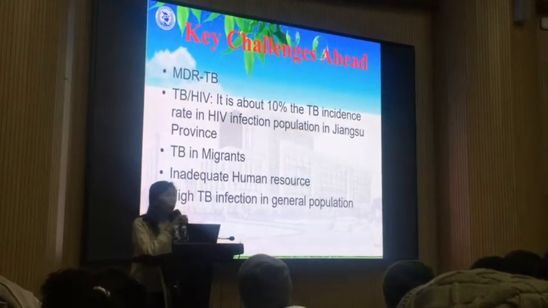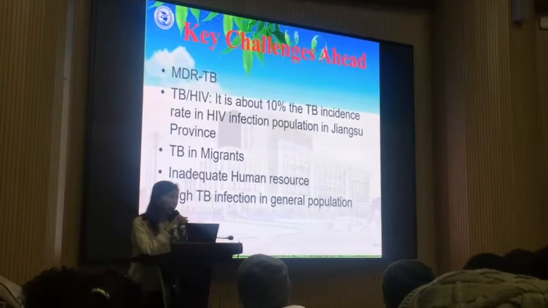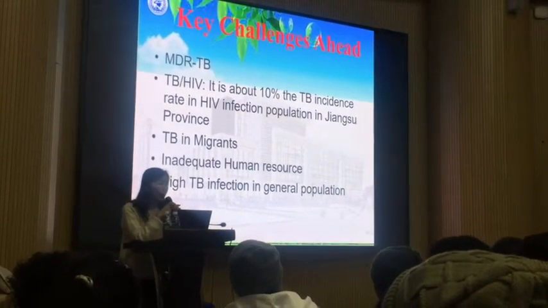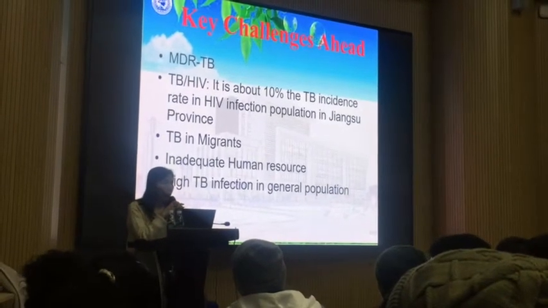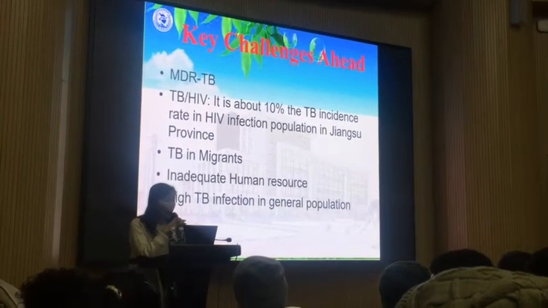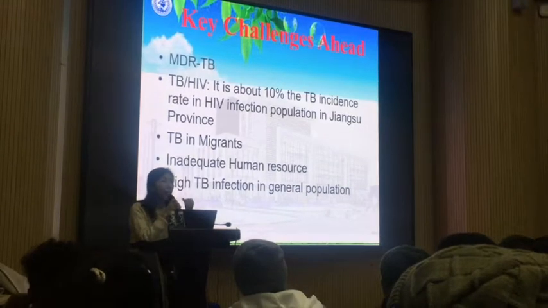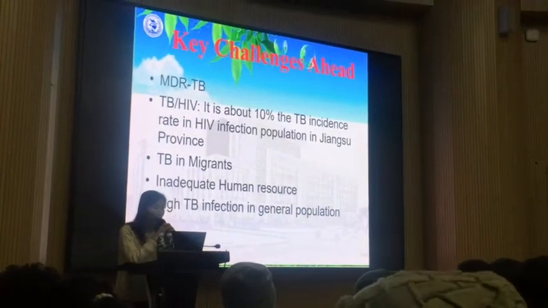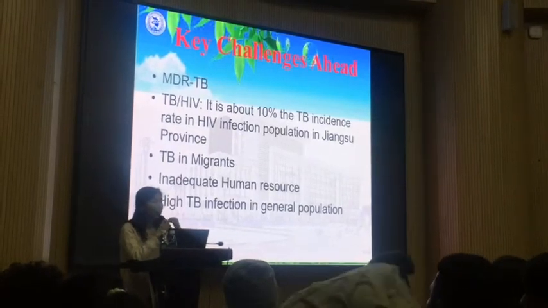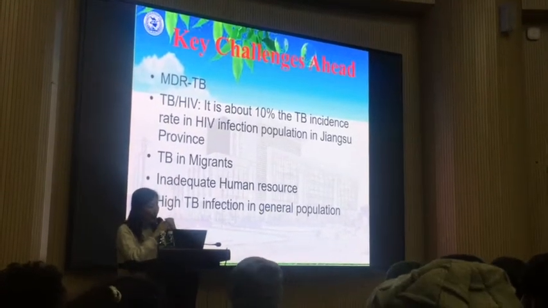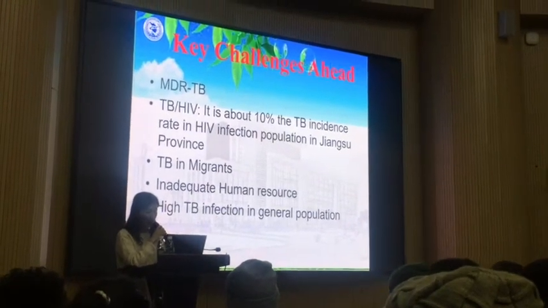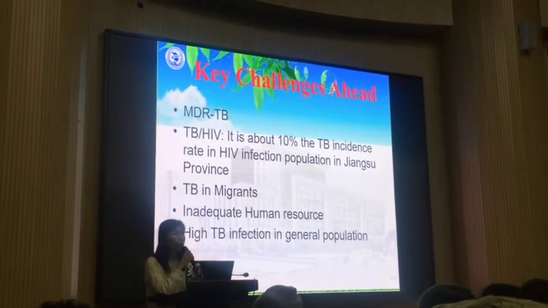And also, even though we have done a lot of work on TB control, we still have a lot of key challenges ahead, such as MDR-TB, TB-HIV, TB in migrants, inadequate human resources, and high TB infection in the general population.